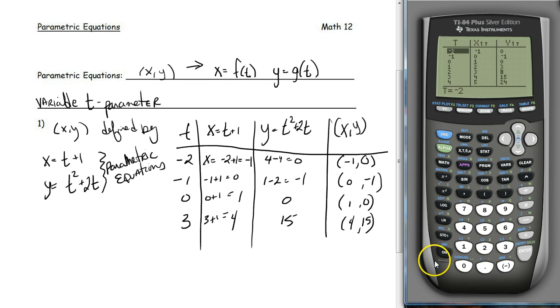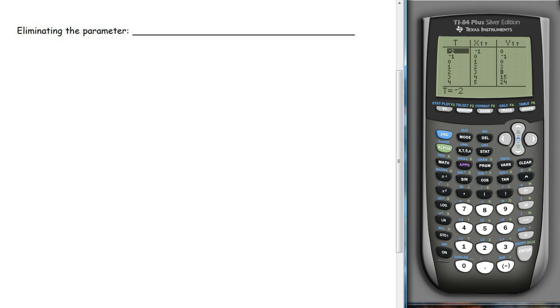All right. So what if they give us the functions and say, get rid of the letter t, just give me the normal equation? This represents some normal equation, so let's do that part. This is what they call eliminating the parameter, and they want us to get the rectangular equation, just x's and y's.